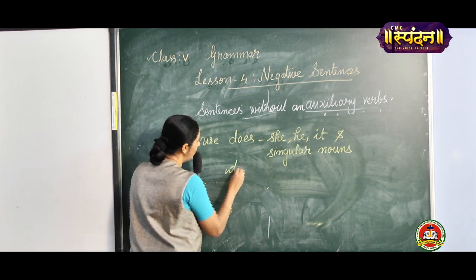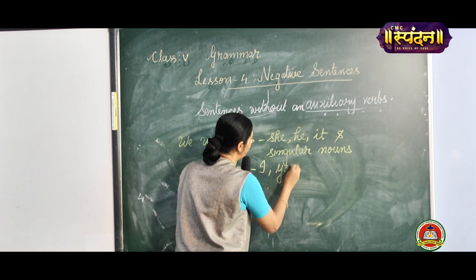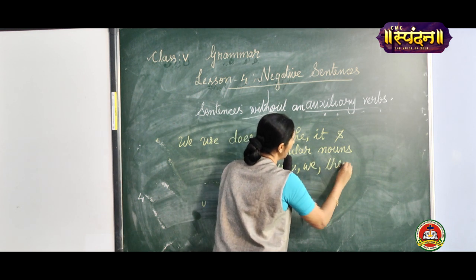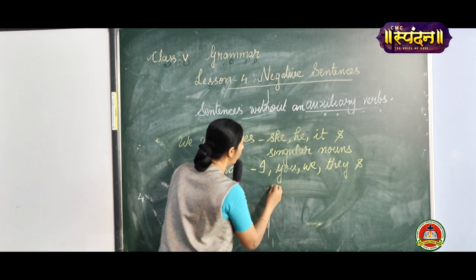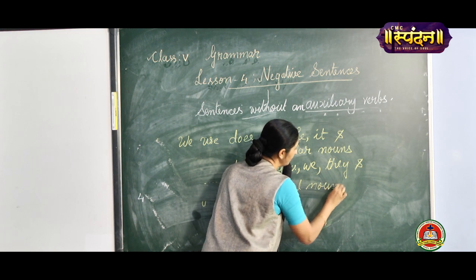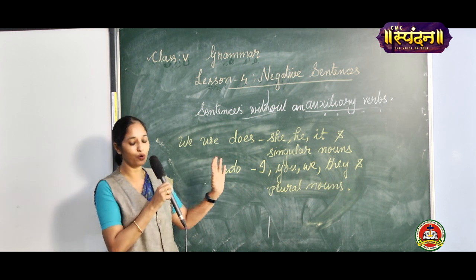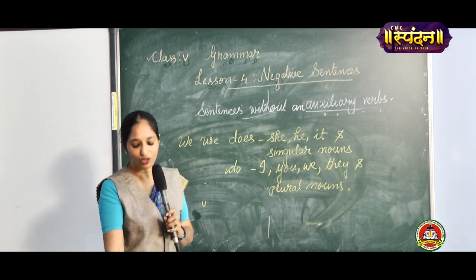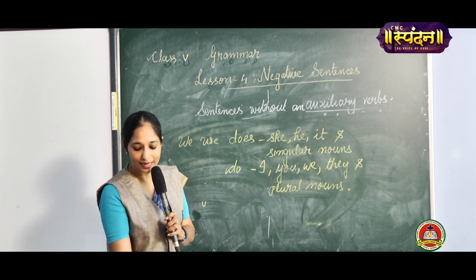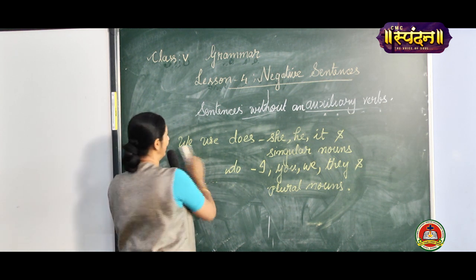And we use do with first person I, second person you, then first person we, third person they, and also with all the plural nouns. And did is the past form of do or does. So hope you understood. Hope it is very clear to you. Now let's move to the next category.